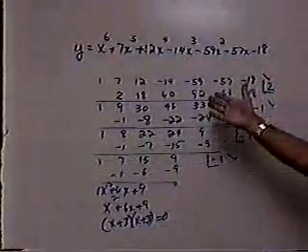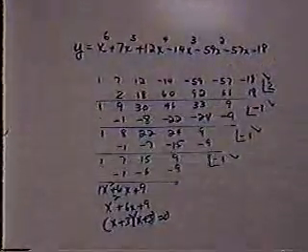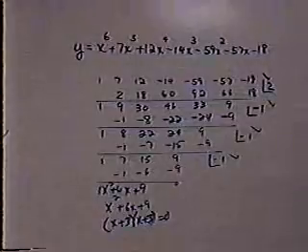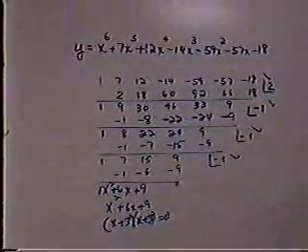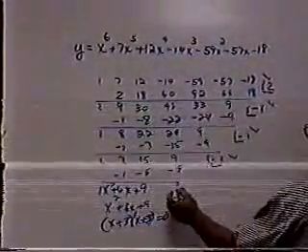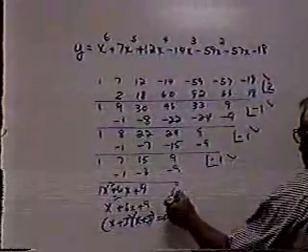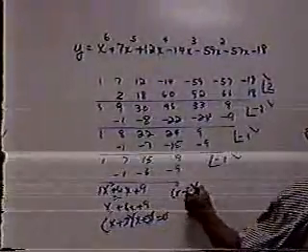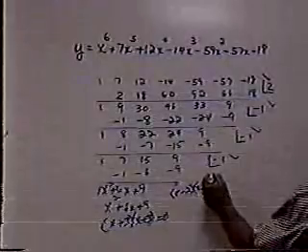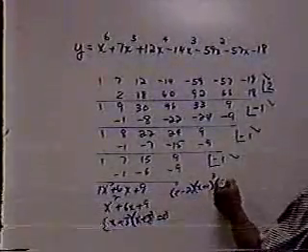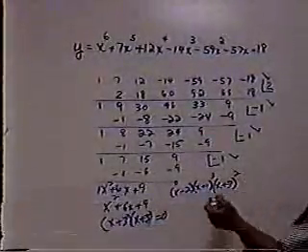Then type in x to the 6th plus 7x to the 5th, and so on, and then hit enter, and it does it. Now what it does, it gives this factor. Listen closely now, make sure you understand this. This will give you x minus 2, x plus 1, 3 times, and x plus 3, 2 times.